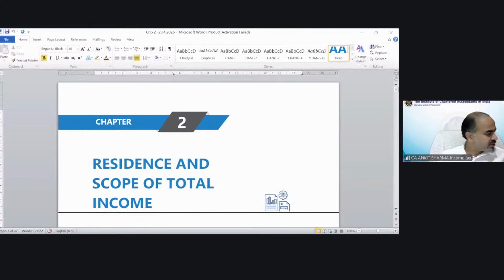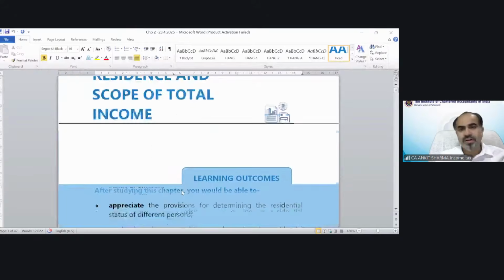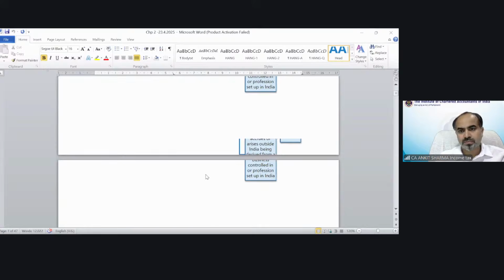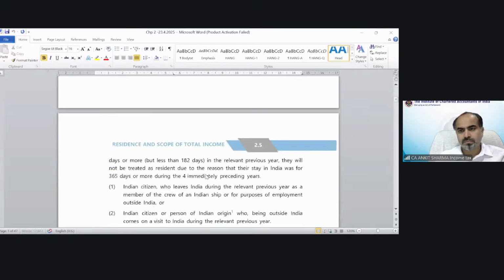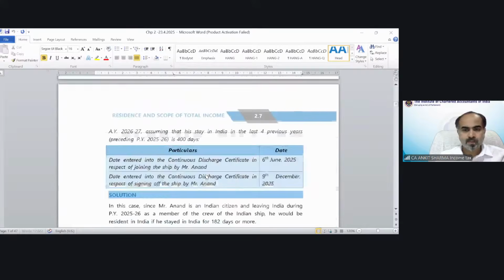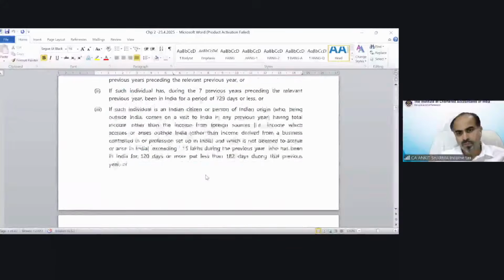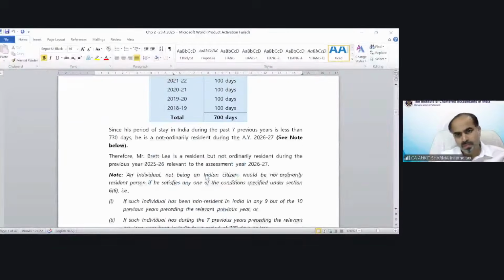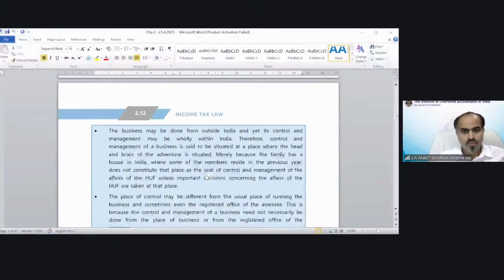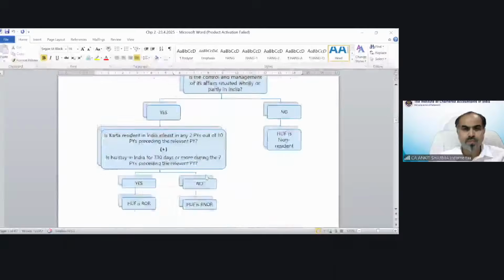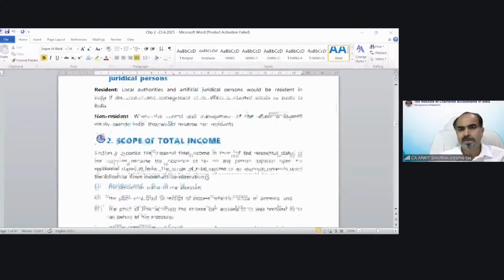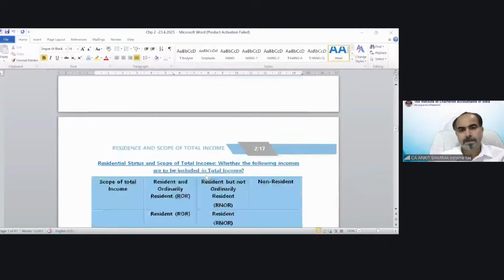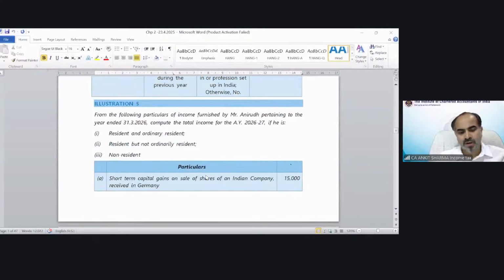That is illustration, page number 2.17. Okay, here is the question.